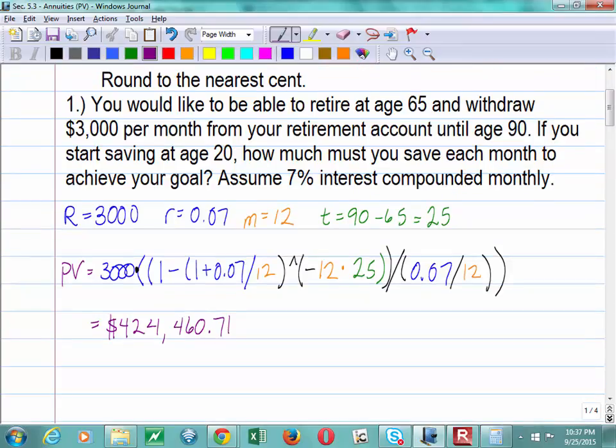So for this one, we're going to be solving for capital R, and they still have the same rate, and it's still compounded monthly. And the time in this one is from 20 to 65, so we could do 65 minus 20, which equals 45.